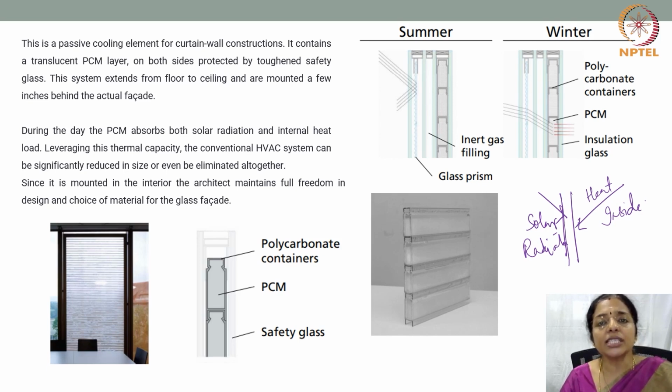Leveraging this thermal capacity, the conventional HVAC system can be significantly reduced in size, or sometimes it can be eliminated completely. Since it is mounted on the interior side, the architect has full freedom to design whatever he wants on the outside of the glass facade.